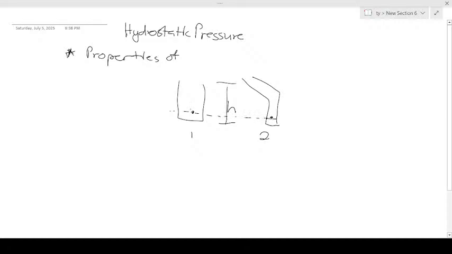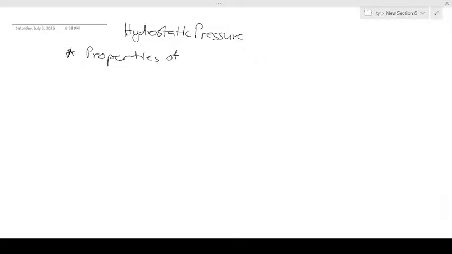Okay, so let's move on. So now we want to look at the basic differential equation of hydrostatic pressure. So you know that pressure in the real world acts in all directions, x, y, and z.